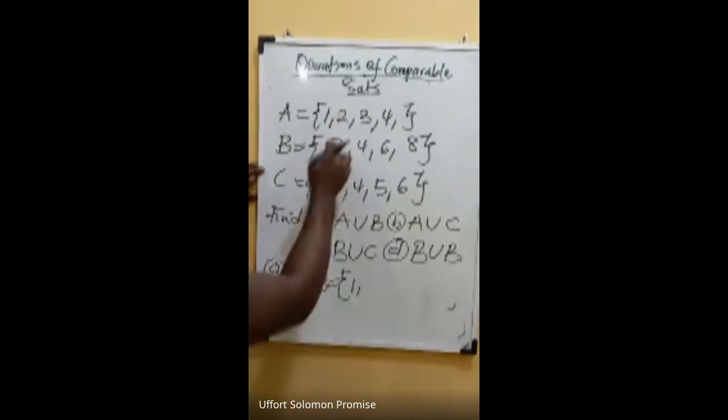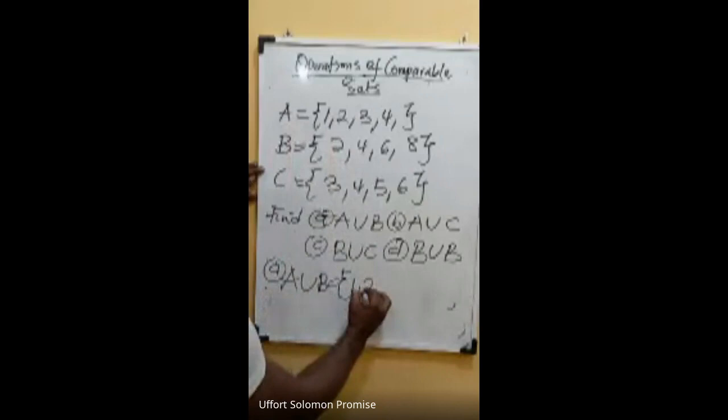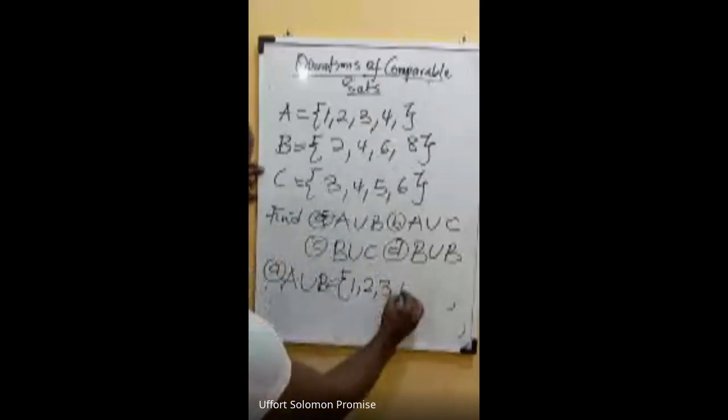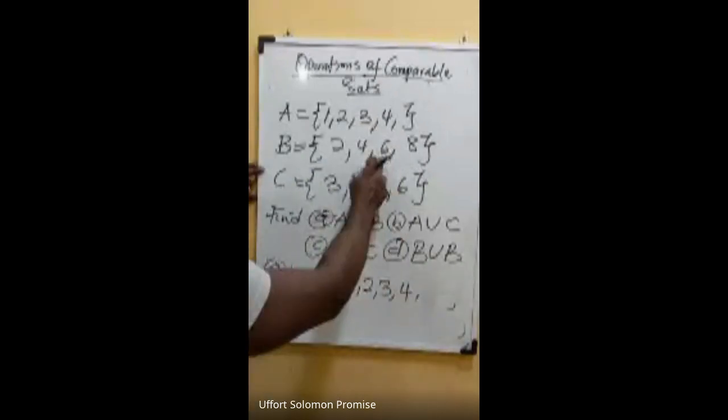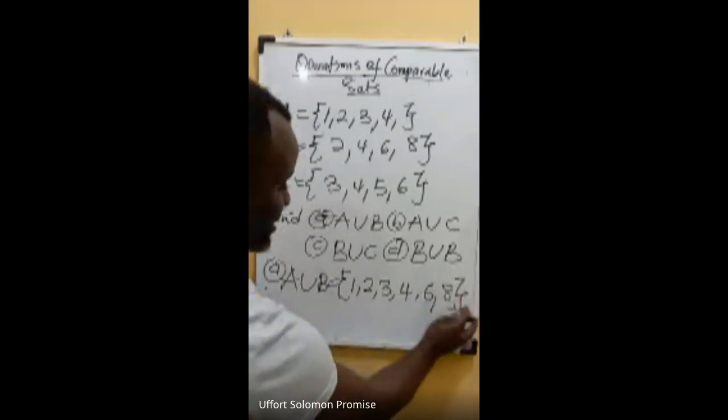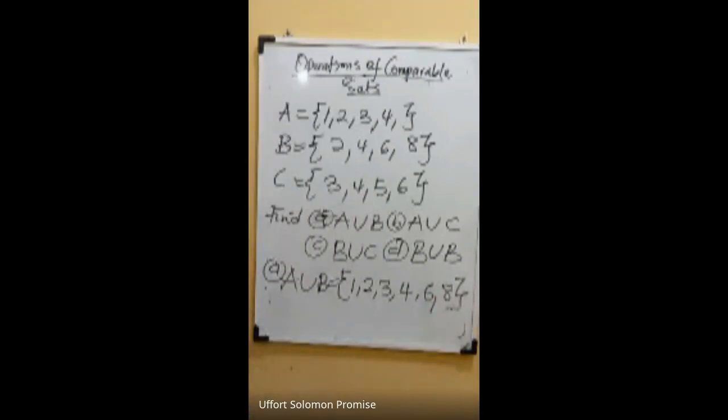There is 2 here, there is 2 here, so we take one of it, bring 2, and then we take 3. We have 4 here, we have 4 here, so we just take 4. Then we have 6. Then we have 8. That is A union B. So we have compared set A with set B. That's union comparability.